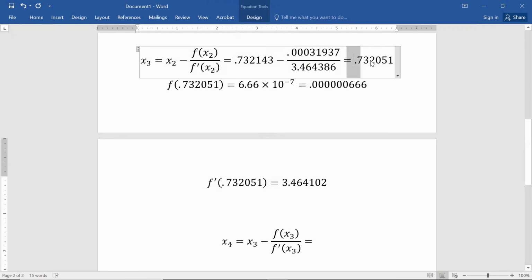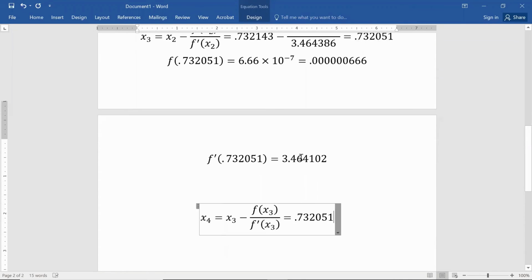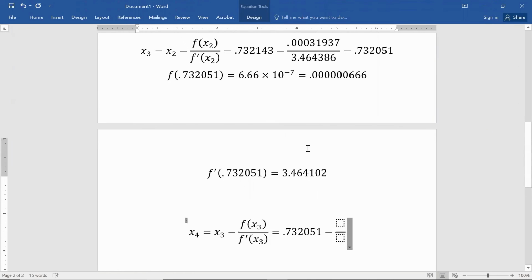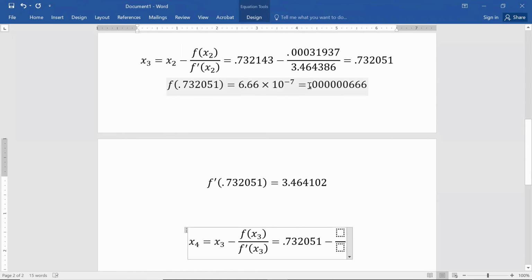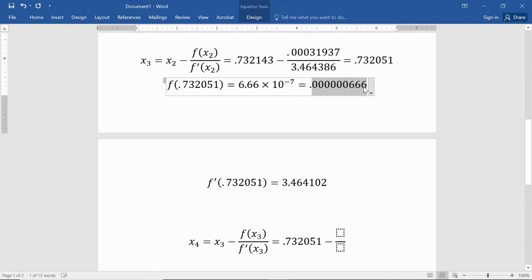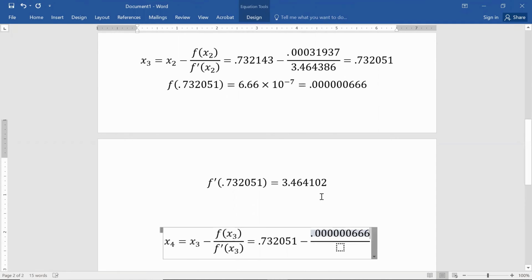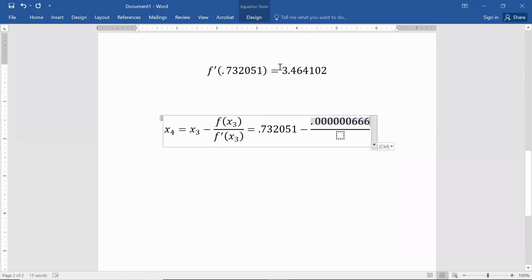X3, we saw rounded to 4 decimal places, is right there. Minus fraction, top of the fraction, bottom of the fraction is this.